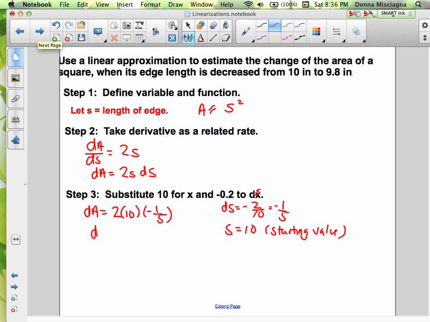So the change in area would be negative 4 inches squared. So the area of the square is going to decrease by 4 square inches if we decrease the side length by 0.2 of an inch.